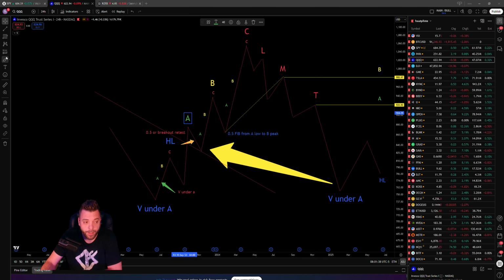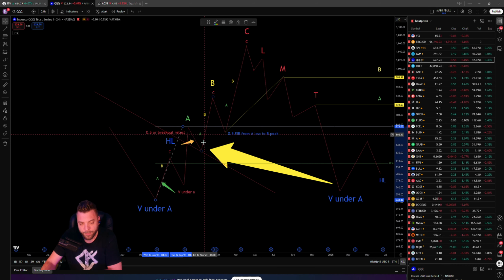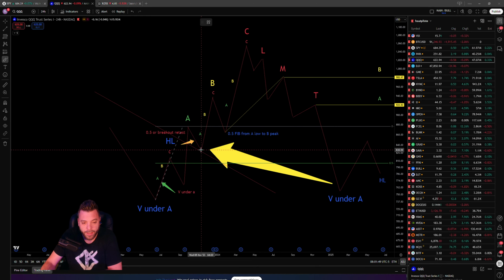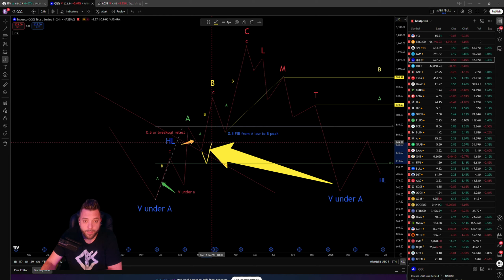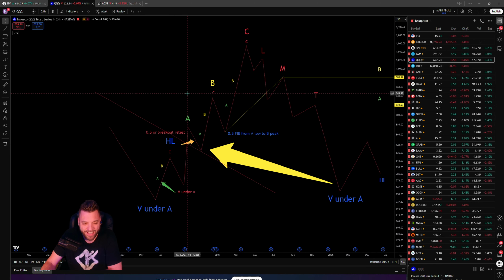The A pullback normally ends in a 0.5 Fib retracement from your V under A. I mean, okay, it's badly drawn right now, but normally it ends in a V under A, and there it bounces. Or it's just a normal breakout retest of a big trend line.